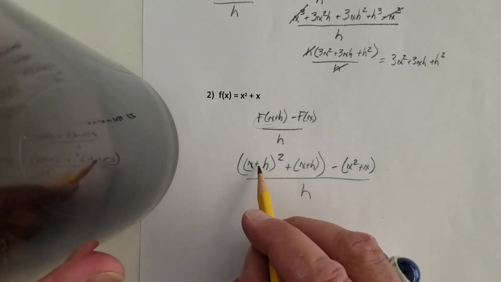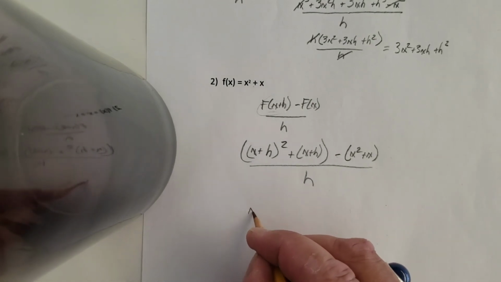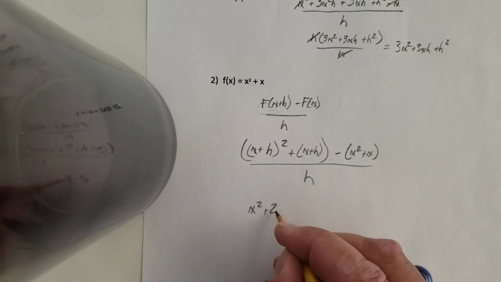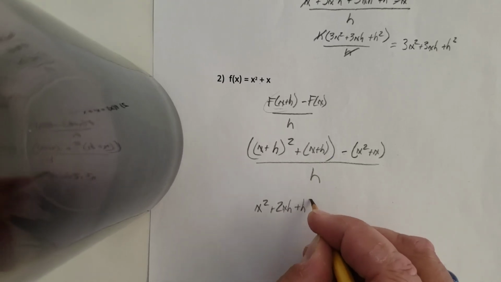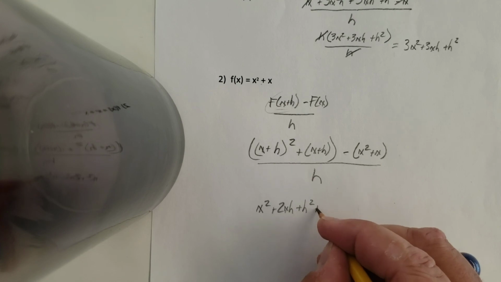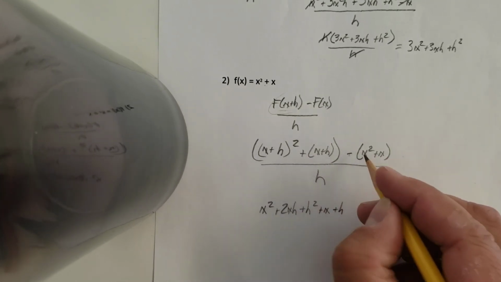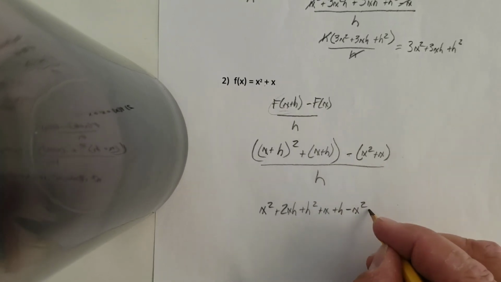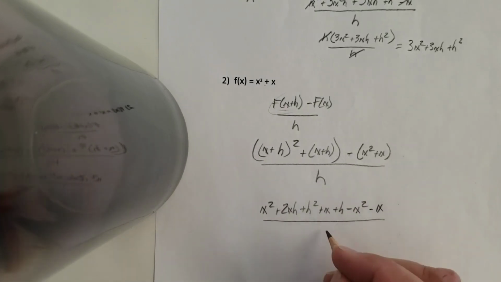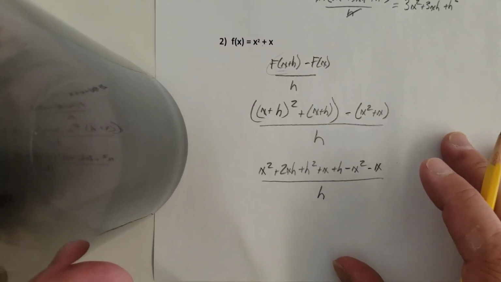Okay? Now we go through and we expand this. And the expansion comes out to be x squared plus 2xh plus h squared plus x plus h minus x squared minus x, distributing that negative sign. All of that over h. Okay, now again we're going to simplify a little bit.